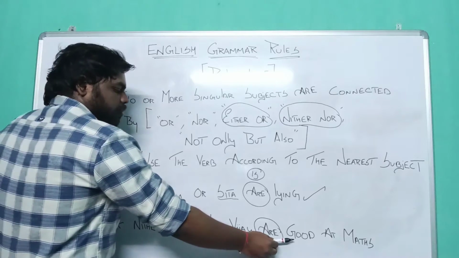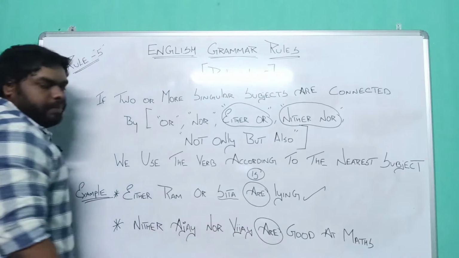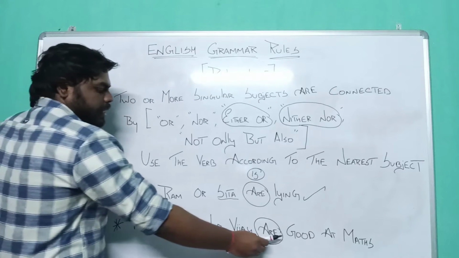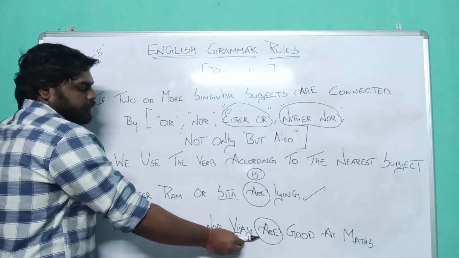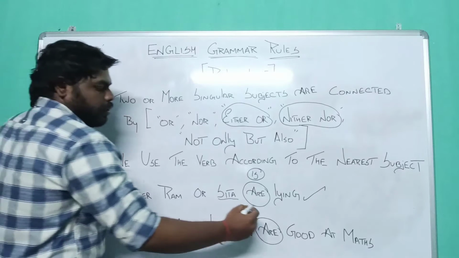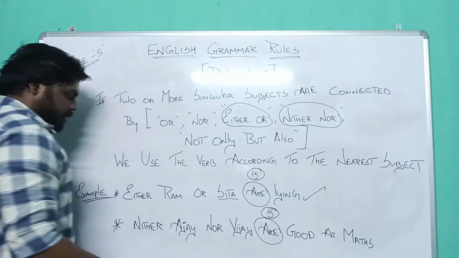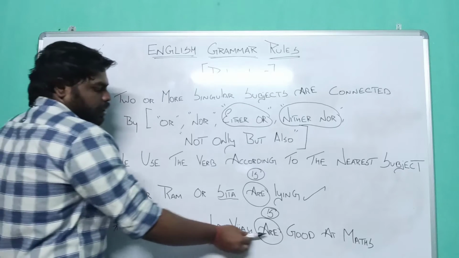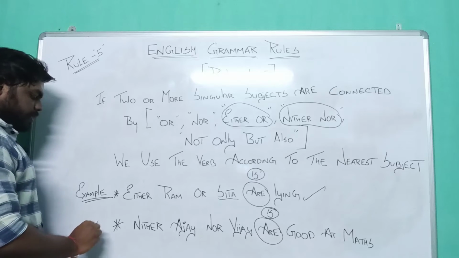So the verb should agree with the subject. This is what subject verb agreement means. So the verb should agree with the nearest subject. The nearest subject is a singular subject, so the verb should also be singular. So we should use is here. Neither Ajay nor Vijay is good at maths should be the right form of the sentence.